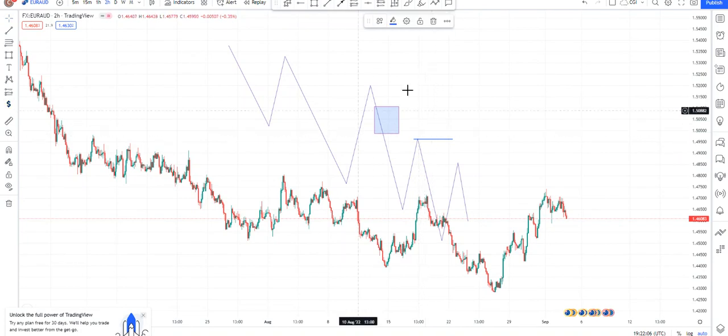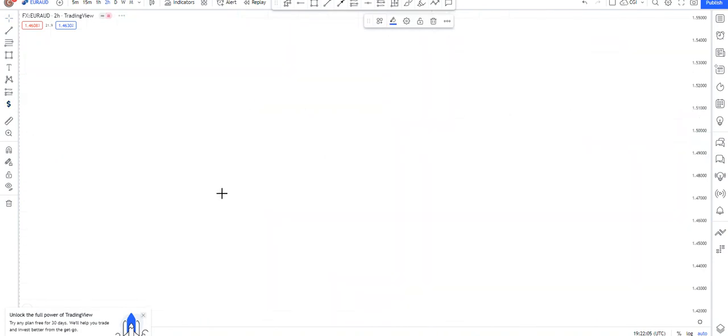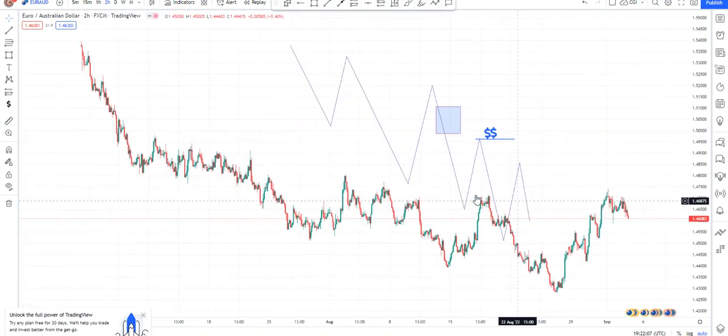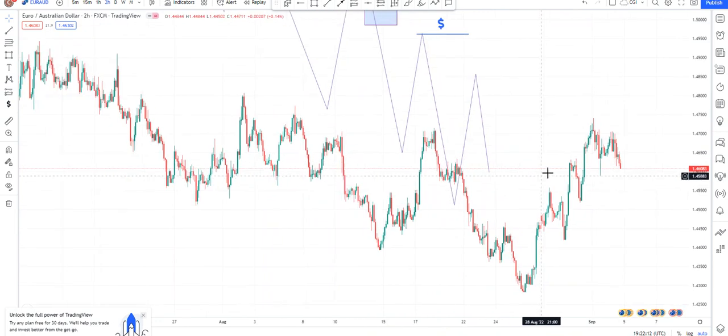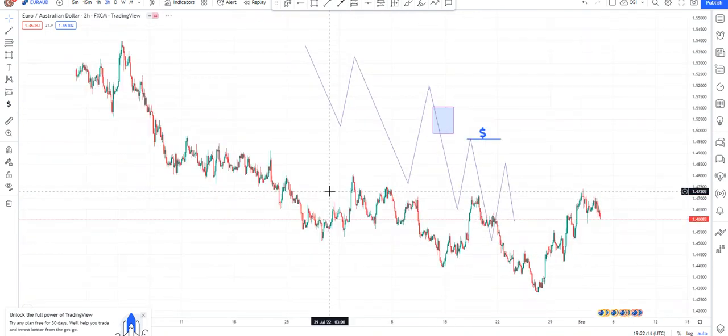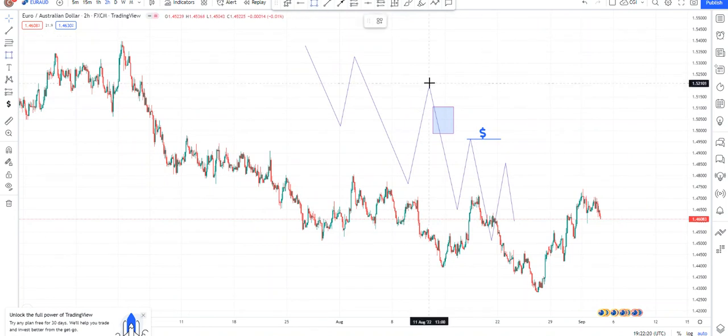Now you can see that there's money right there. So your strategy could be that, let me say there is a sponsored candle up here. Then this is liquidity and this is my imbalance.